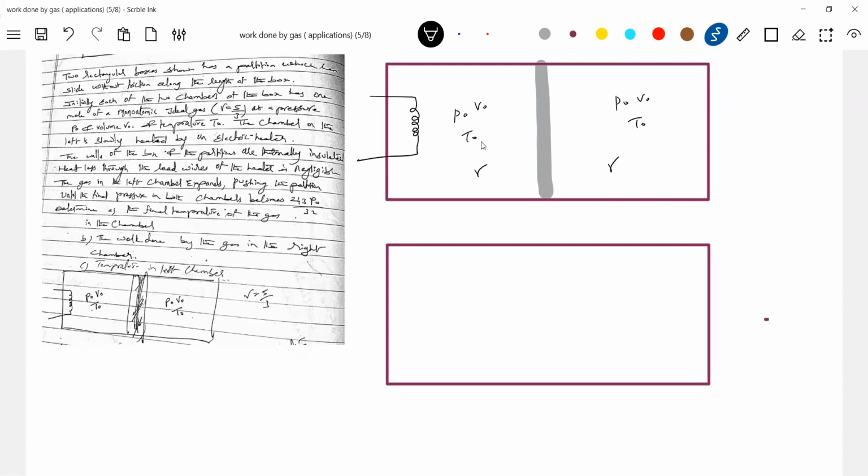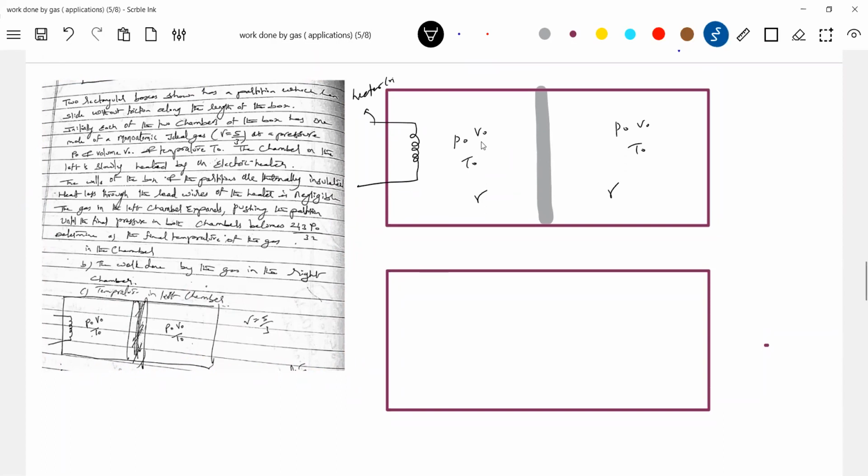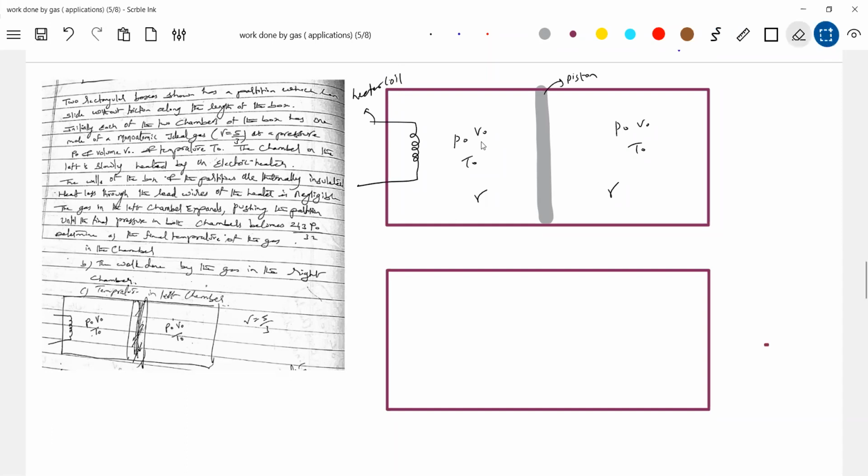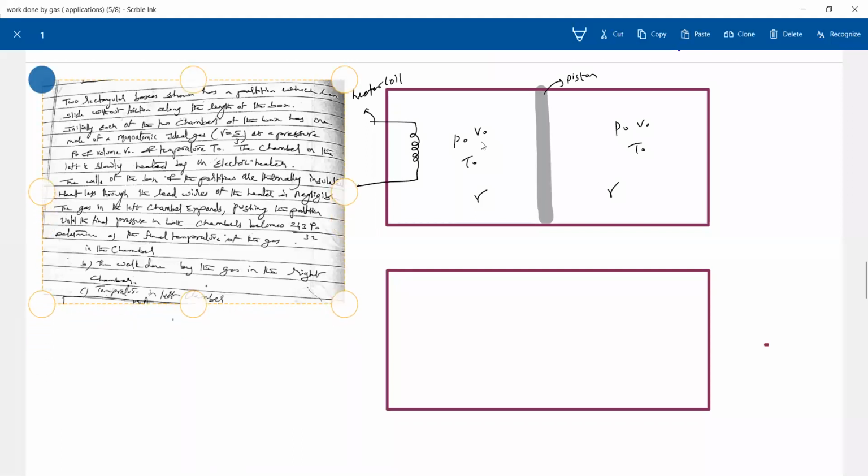This is a heater coil. Okay, this is that piston. Okay, I'll take it out, the diagram. Okay, read it now.